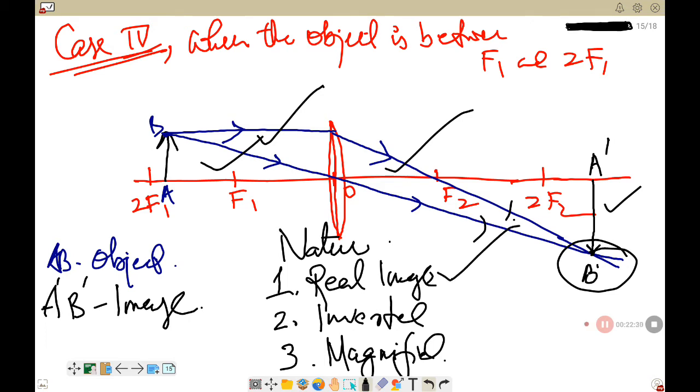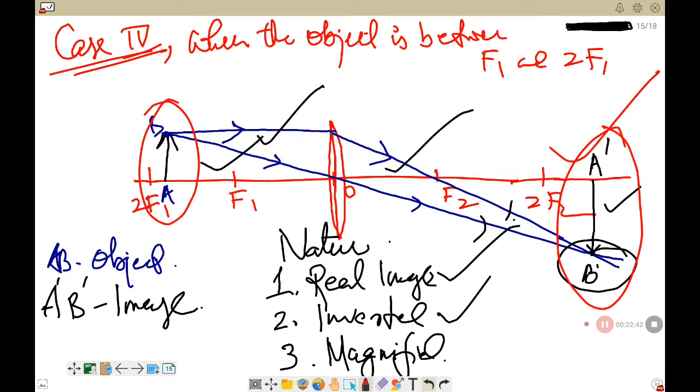See, the image is formed below the principal axis, so the image is inverted. And compare the object size and image size. Image size is greater as compared to the object size, so it is magnified.